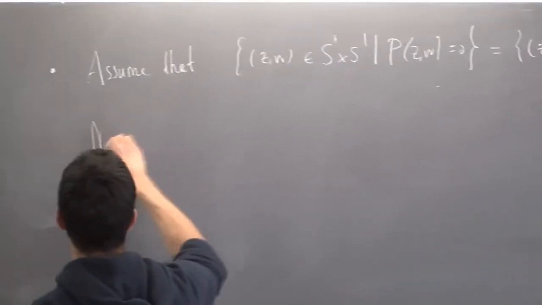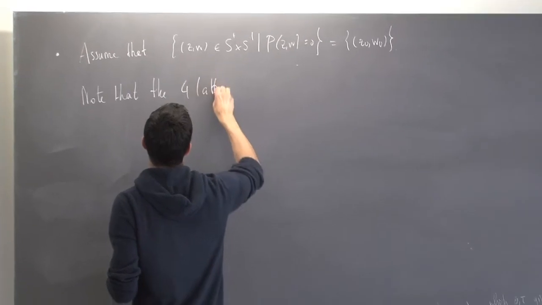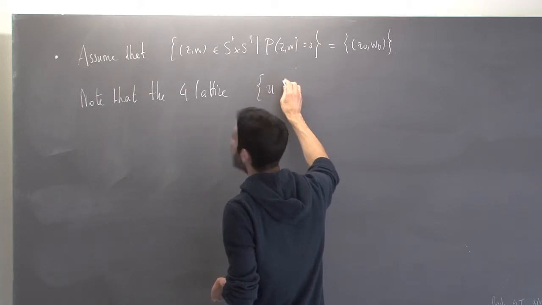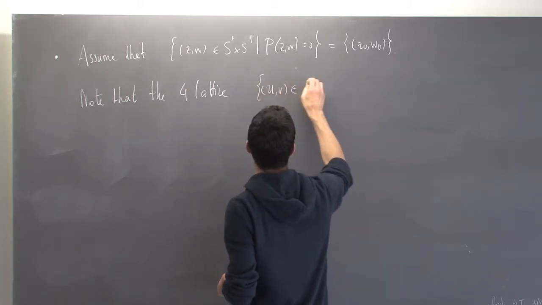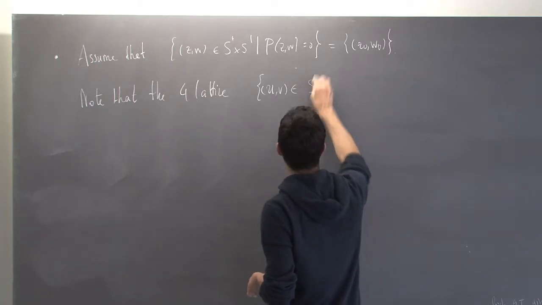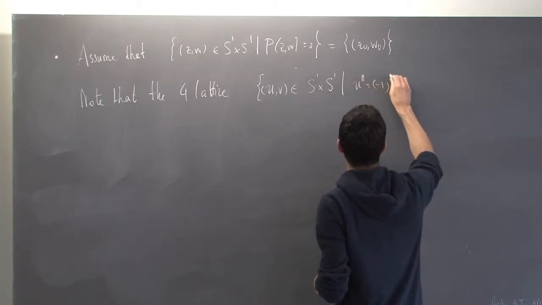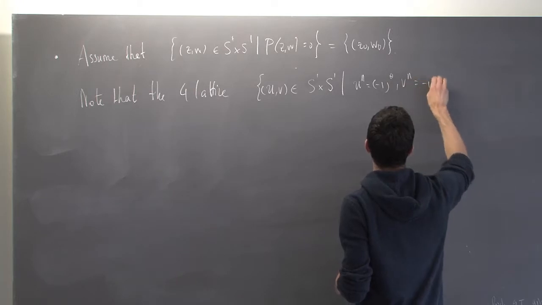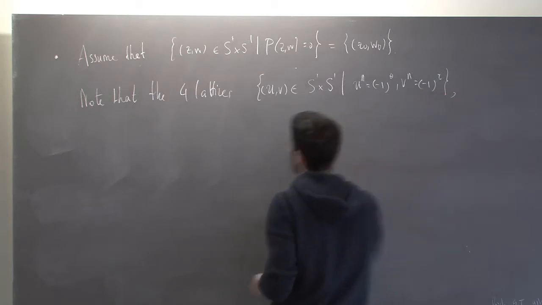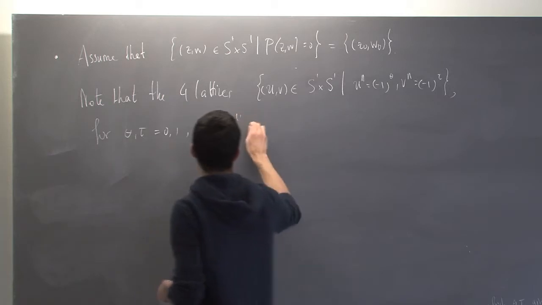Now note that the 4 lattices, so it's U, V in S1 cross S1, the 4 lattices for theta tau equal to 0, 1 are staggered.